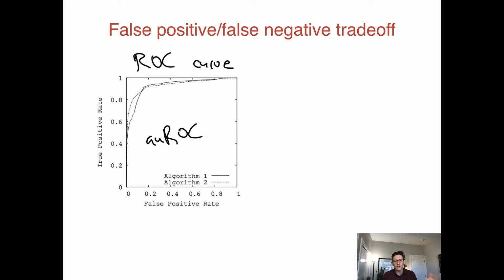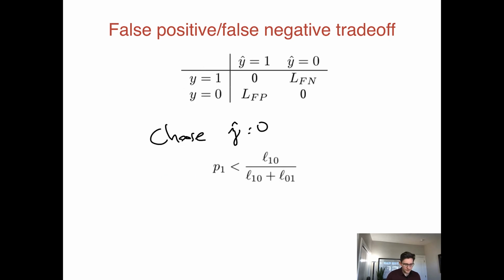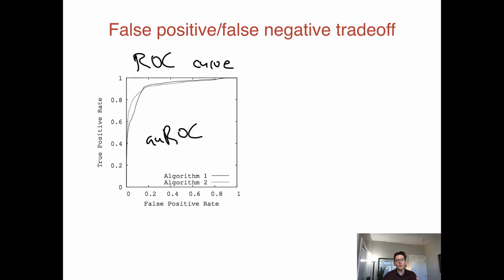Usually, when you're looking at a particular problem, you have some sense of what the relative loss is for a false positive versus a false negative. So you might be able to say that a false positive is maybe 10 times as costly as a false negative. Now, of course, there's probably some subjectivity or uncertainty about that, but I think almost never the right thing to do is just to use the AUROC and leave it at that.